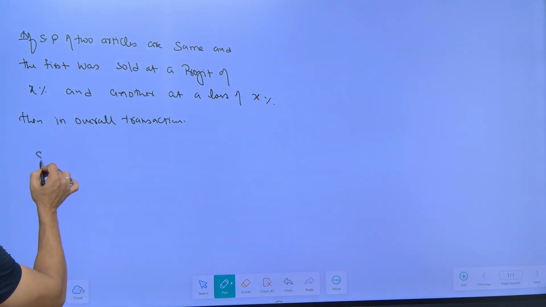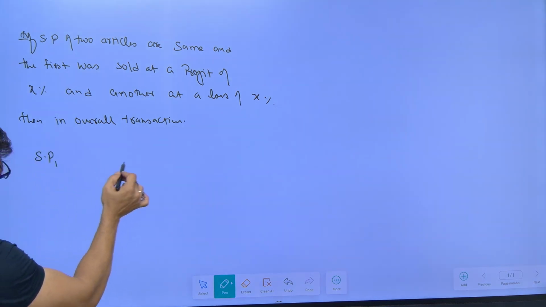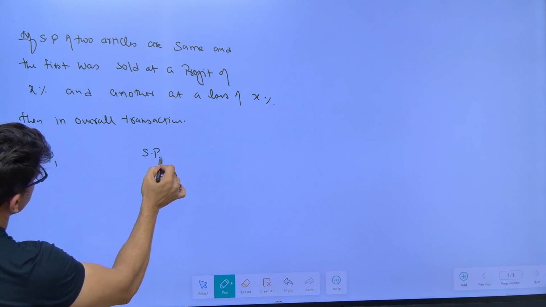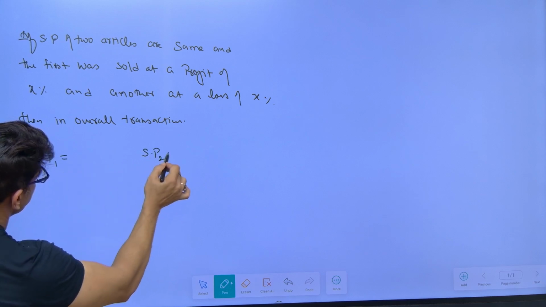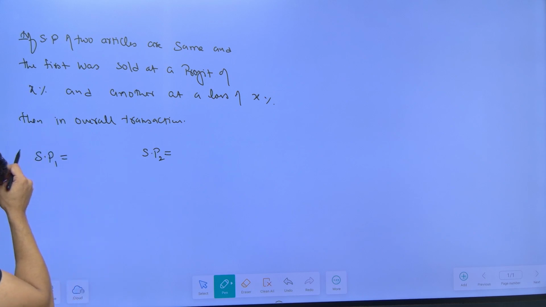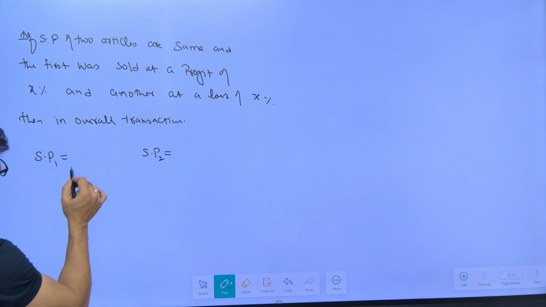Let's say selling price of second article is same, right? Let's keep some selling price, let's say 150.